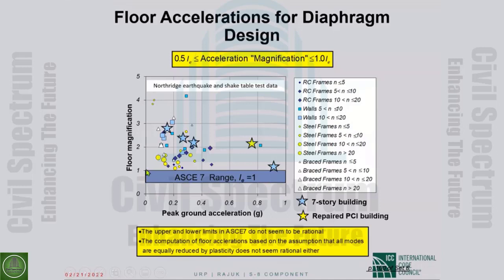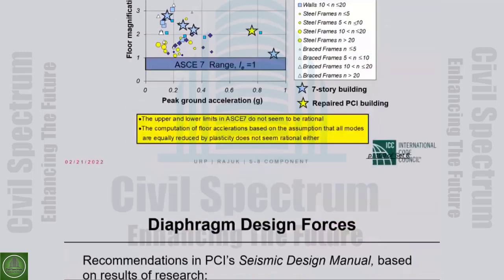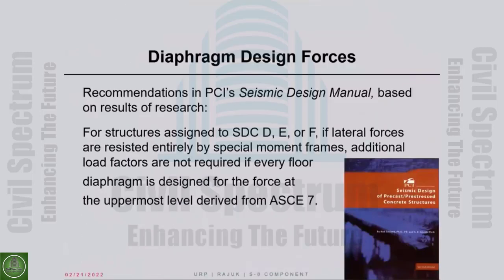We need not ever exceed 40% S sub DS times I times W. And you see that that maximum is lower than all the points from measurement as well as observation. So that tells you that we are under-designing our diaphragms. The diaphragm design force is very likely going to be much larger than what you are designing for.